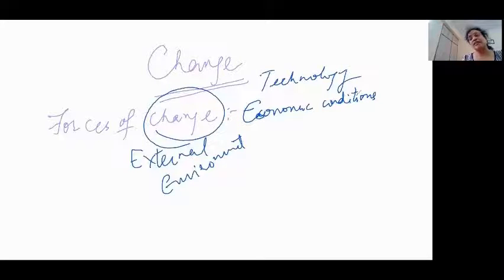So these economic conditions influence how your organization works, and plenty of examples are available of how industries are facing problems, how organizations are reducing their production or changing. But at the same time, remember, there are organizations which are changing their products to those more in demand.